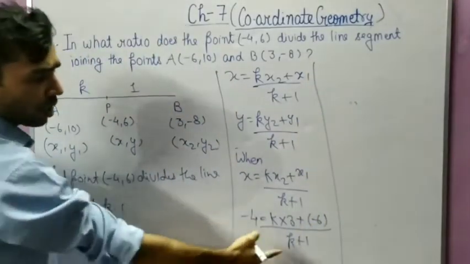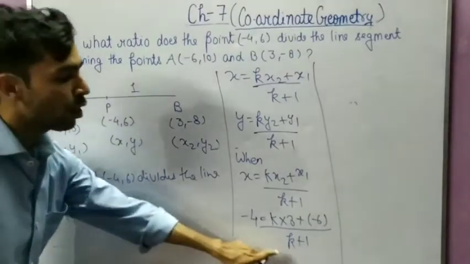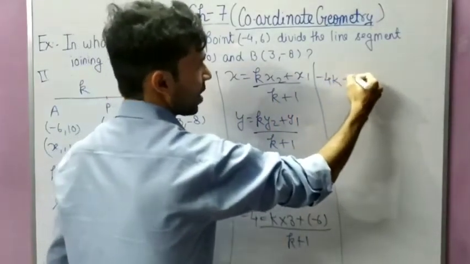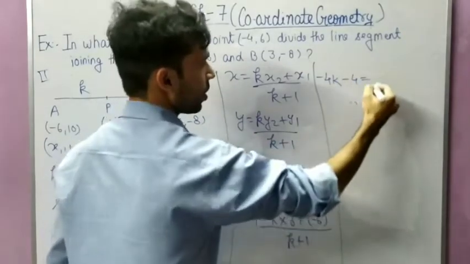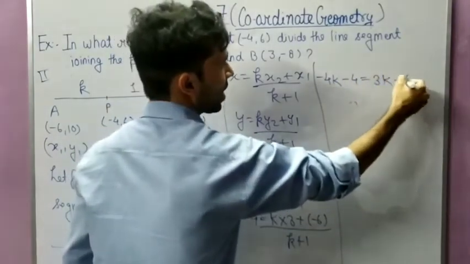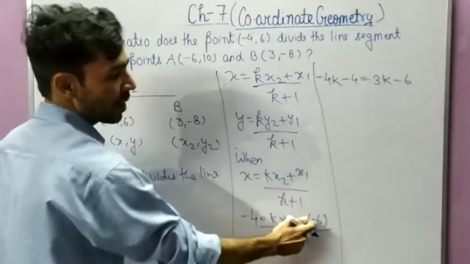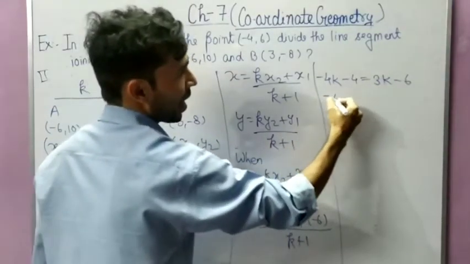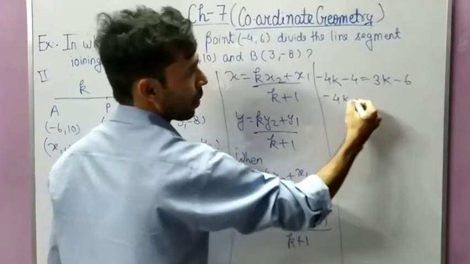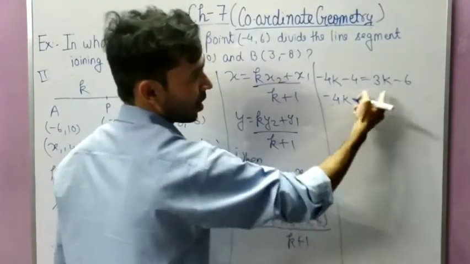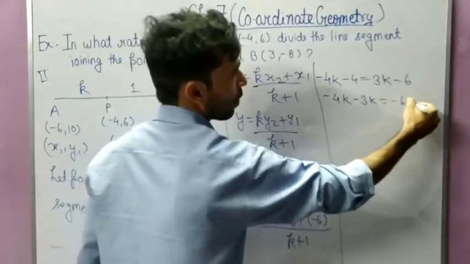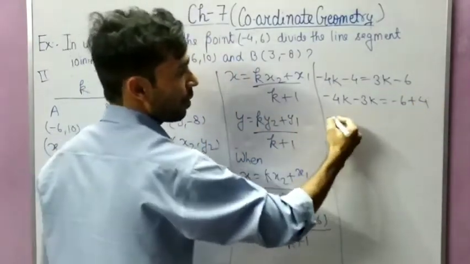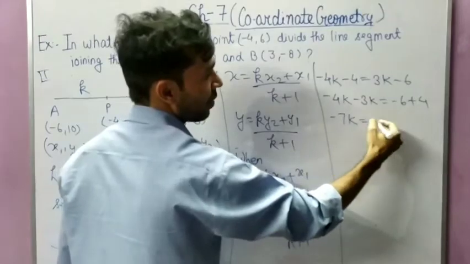Now cross multiply it. When you cross multiply, it will come minus 4k minus 4 equal to 3k minus 6. It becomes minus because plus times minus is minus. Now transfer this k to this side, so it will be minus 4k minus 3k, and this will be minus 6 plus 4. Minus 4k and minus 3k become minus 7k, and it will be minus 2.